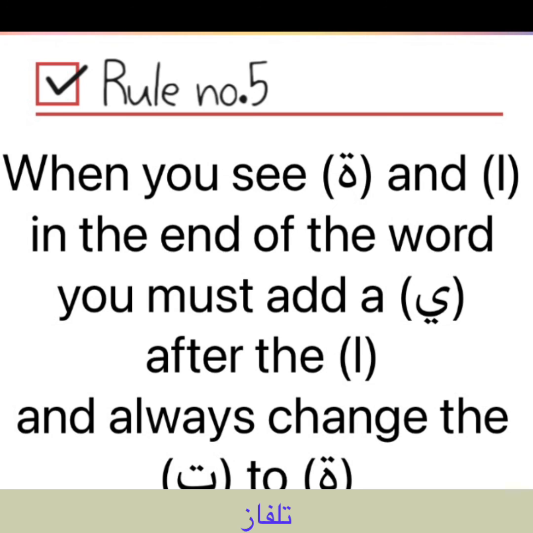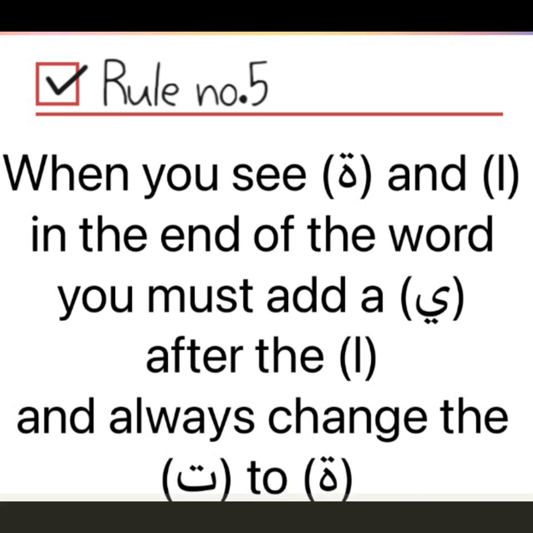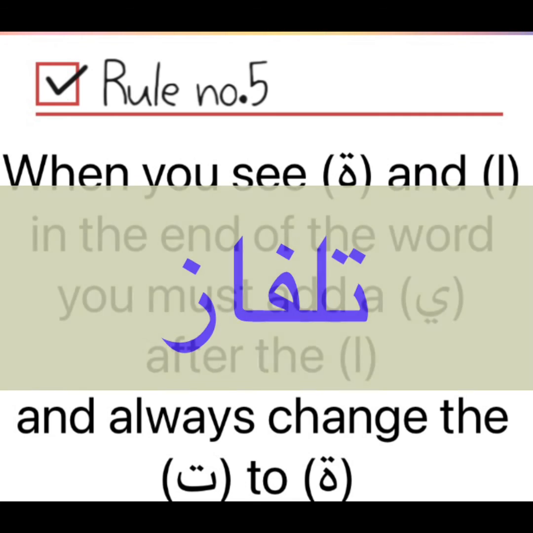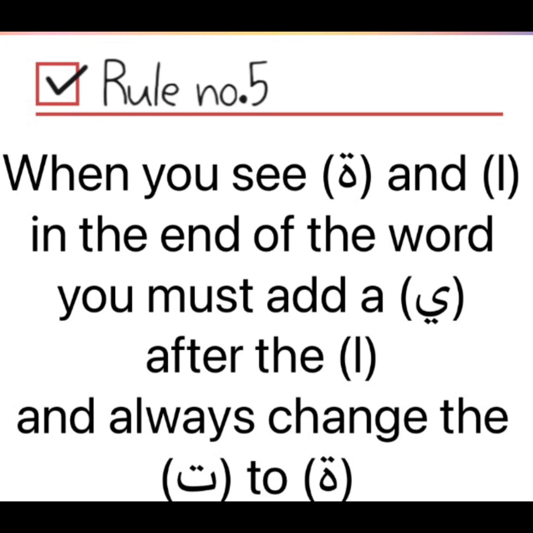It's simple. We keep it. As you have noticed, there isn't any trick about it. Just follow the 5 rules, and you can change any word into a singular and a plural. So تلفاز is تلفاز, and television is again television.